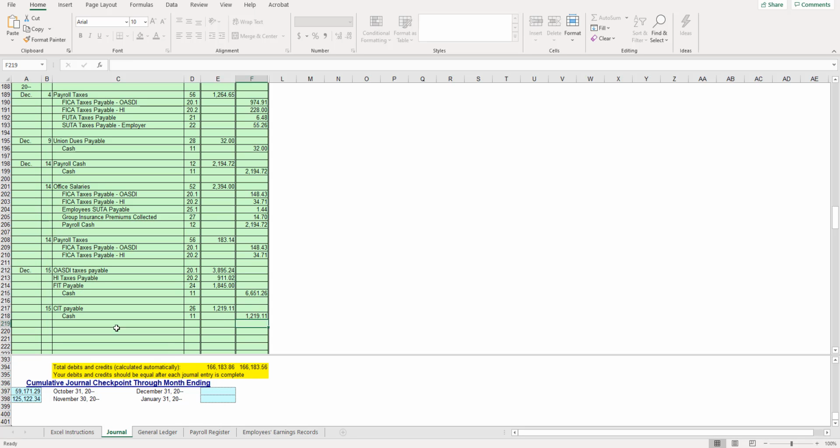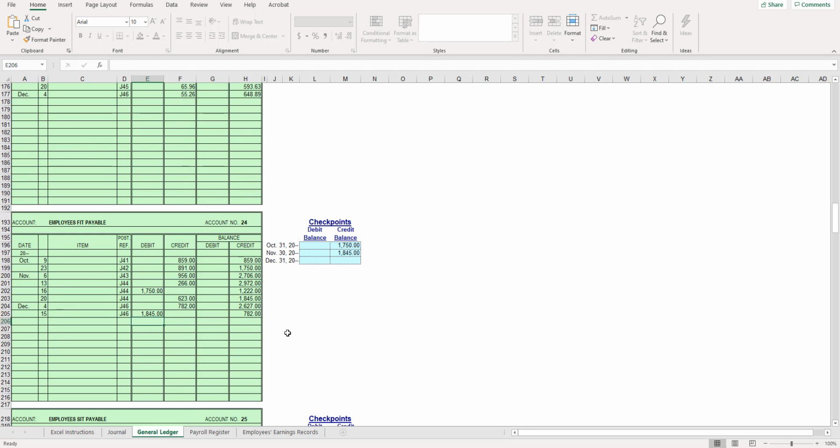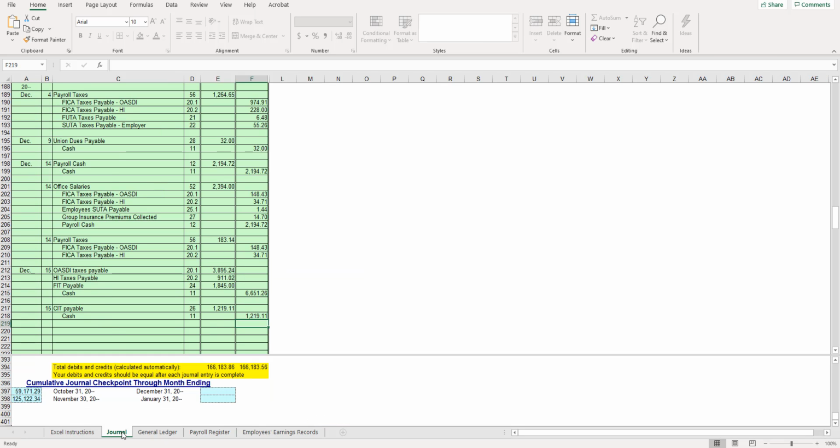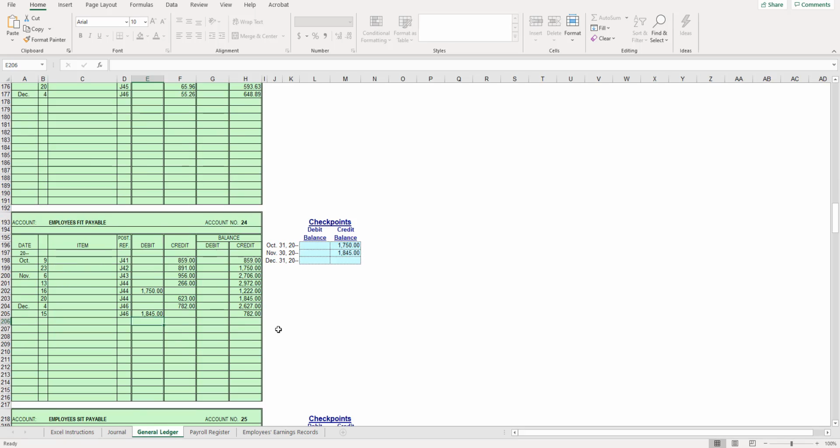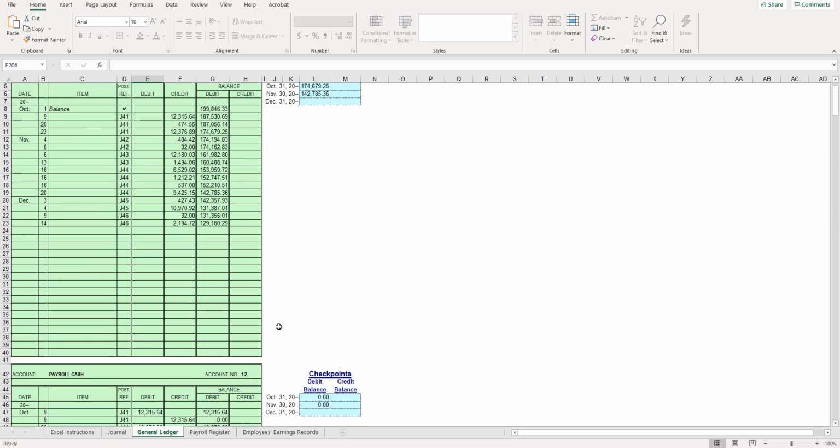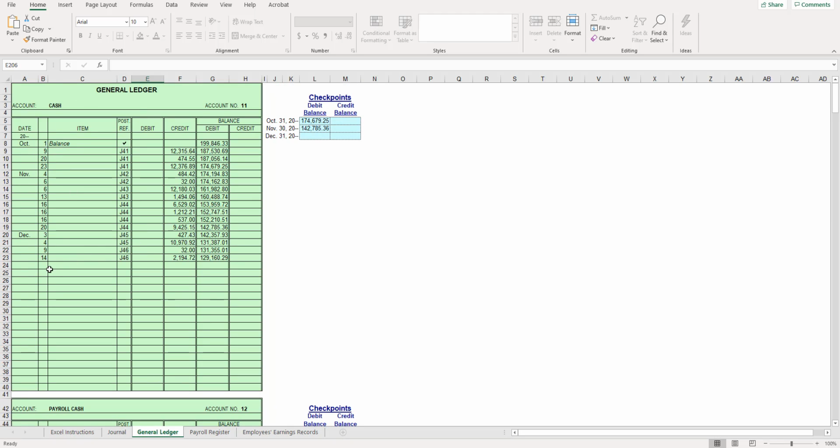Make sure that once you do your journal entry here, again, that you post to the ledger. So that's on account number 11 and 26. As you'll see, I did not post yet to cash for our 15th, our other transaction as well. Make sure you do all of these postings to save a little bit of time on the videos.